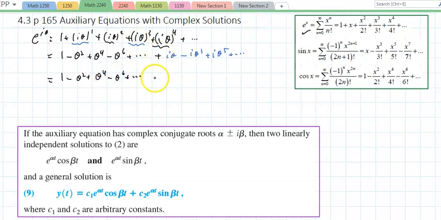I'm not going to write this in the summation. There's no need because the expression is right there. Over 1 factorial, 2 factorial, 3 factorial, 4 factorial, and the list goes on. So this is over 2 factorial, 4 factorial, 6 factorial.